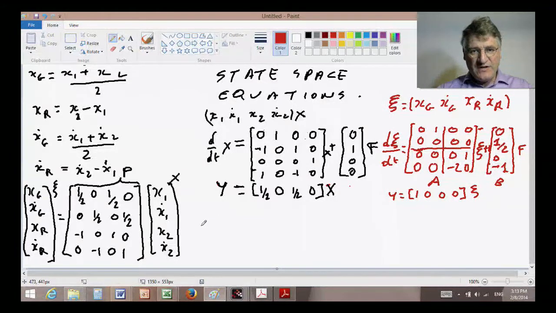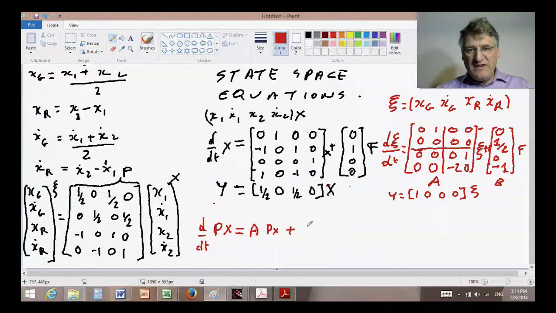I obtain d dt of P times x, sorry, P times x is equal to A times xi, which is P times x, plus B times F. Again, this is xi and this is xi.